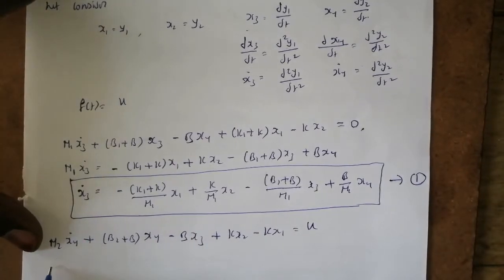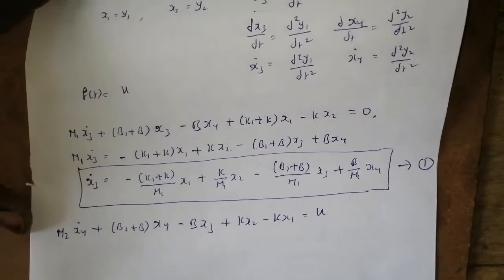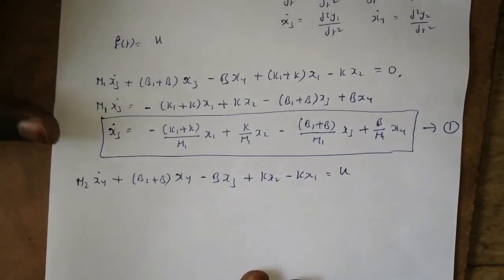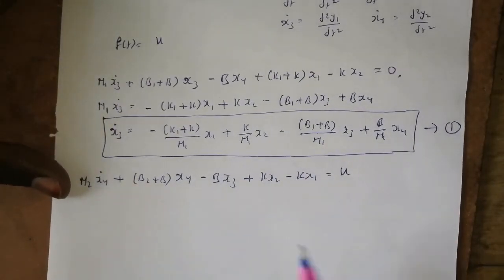Now from this I need the x4 dot equation. So what I have to do is, except this term, all terms should go to the right side.